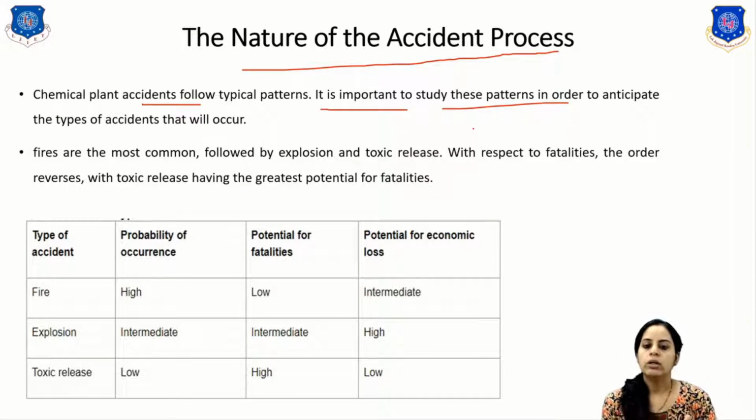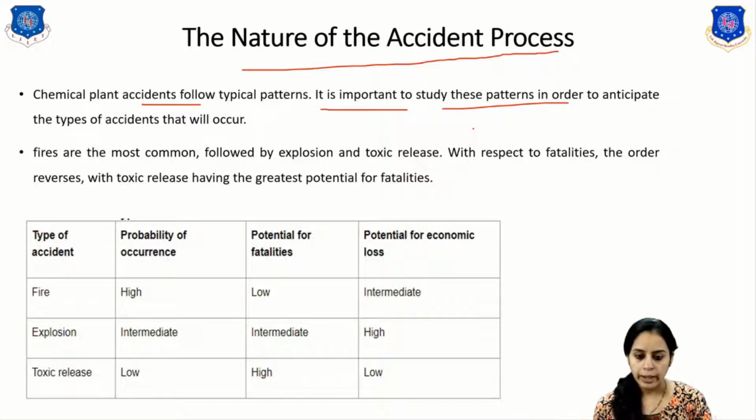Here you can see a table giving the type of accident, probability of occurrence, potential for fatalities, and potential for economic loss. For fire, the probability of occurrence is higher, potential for fatalities is low, and economic loss is intermediate.